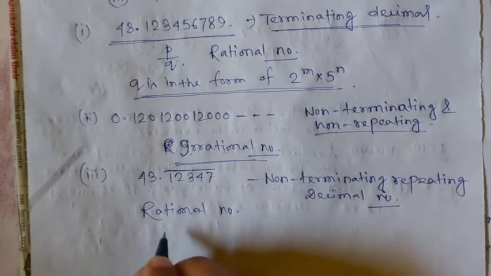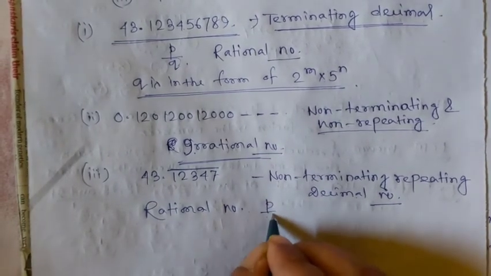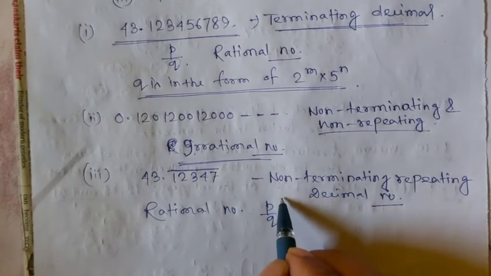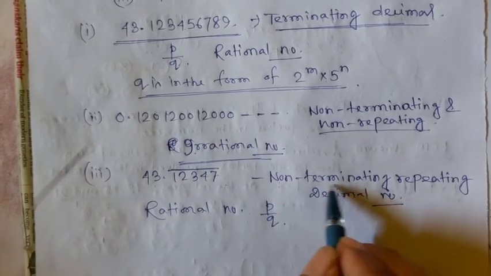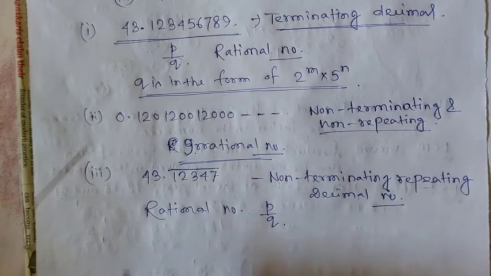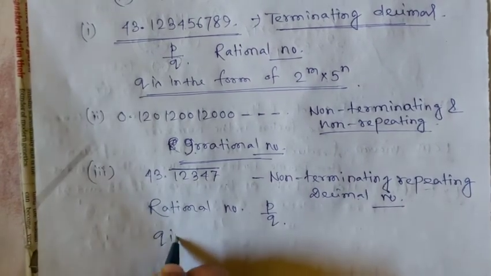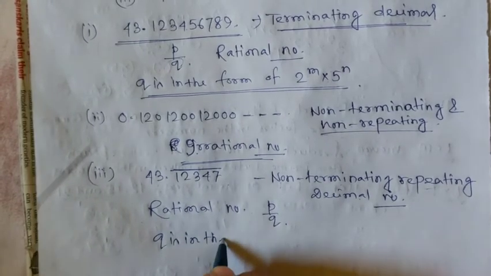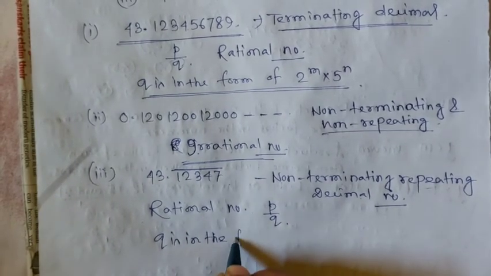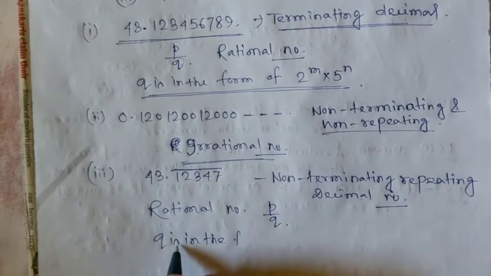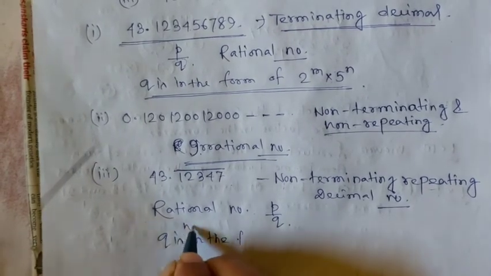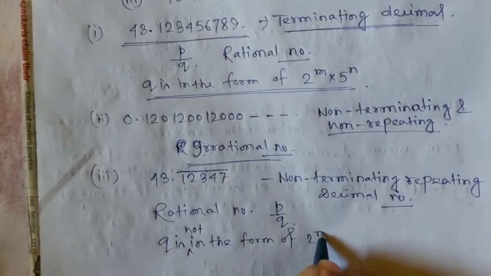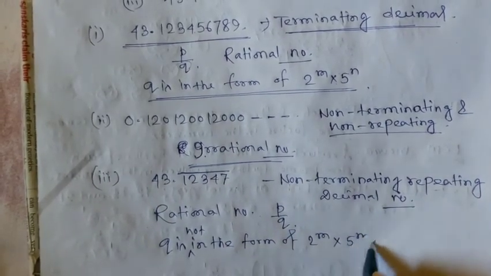So rational number means we can represent this as p by q. As this number is a rational number and also a non-terminating repeating decimal, q is not in the form of 2 to the power m into 5 to the power n.